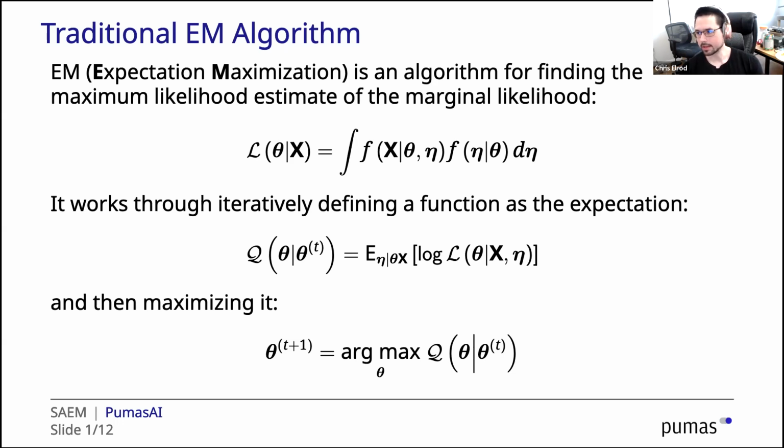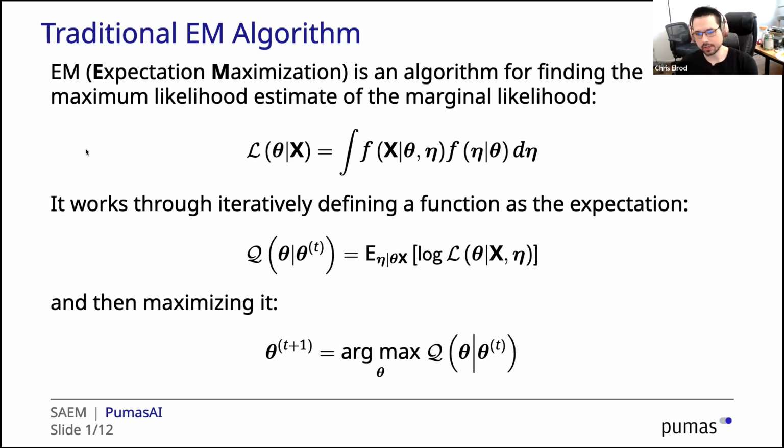Now, while techniques like FOCE and Laplace I give us an approximation to the log likelihood, the EM algorithm actually would let us estimate the maximum of the exact log likelihood.